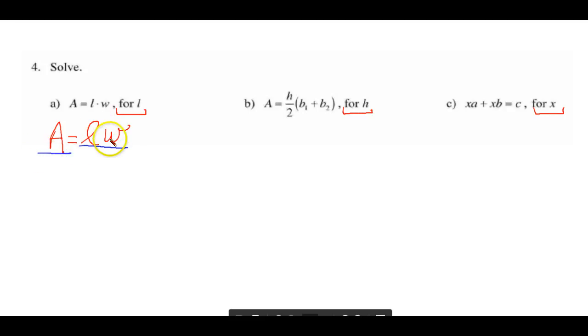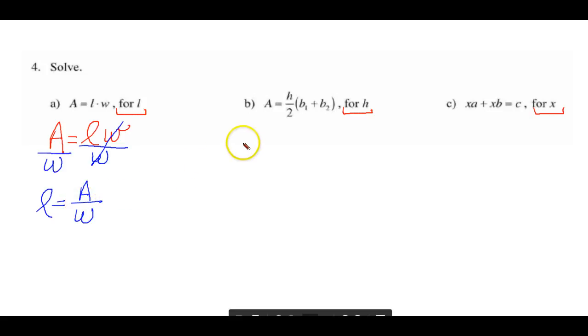So we don't want the W there anymore, so we divide it out from this side and divide it out from that side. So the W's just cancel out, and we get L equals A over W. Now when you're writing in your notes fraction bars, make them horizontal, like so.